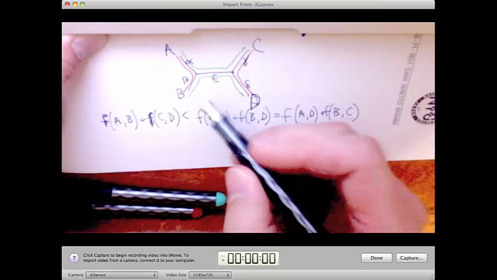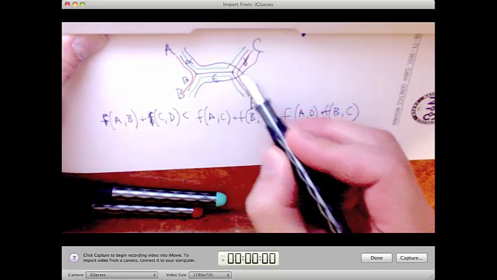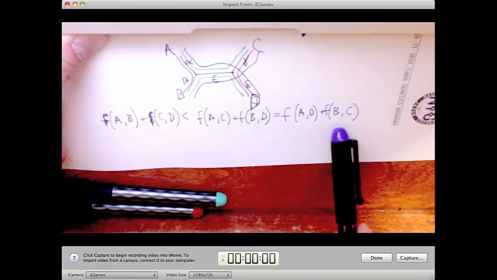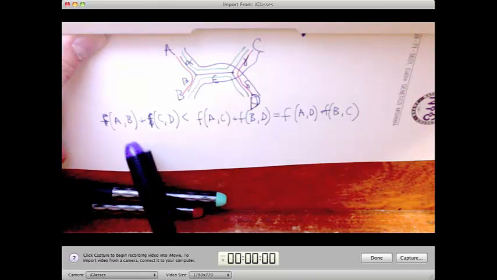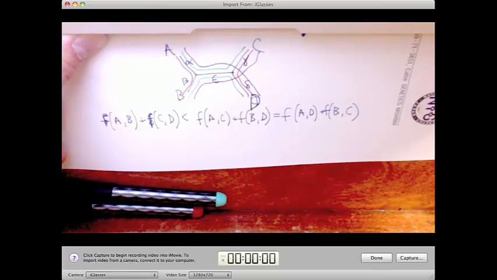So instead it's like that. So those two sums are equal, and they're always greater than that sum. So this is a so-called 4-point test for additive distances.